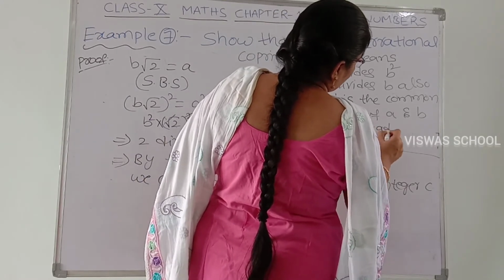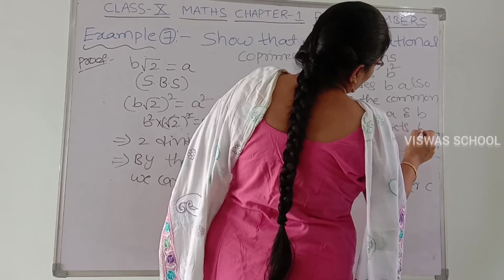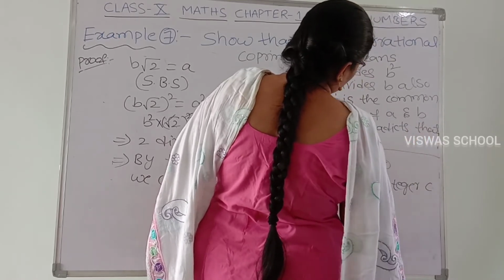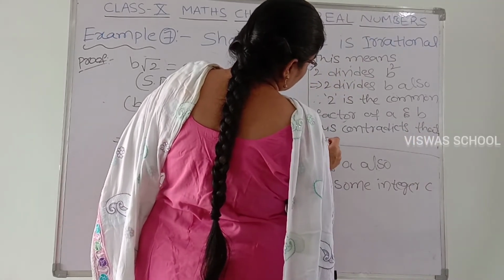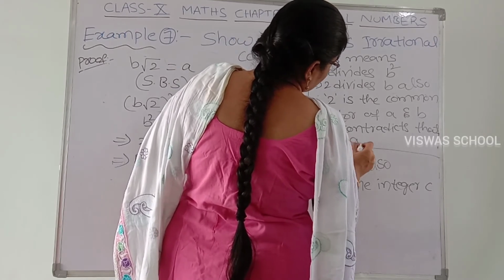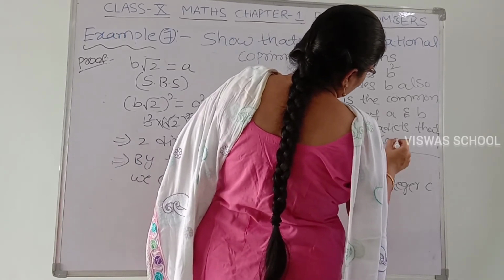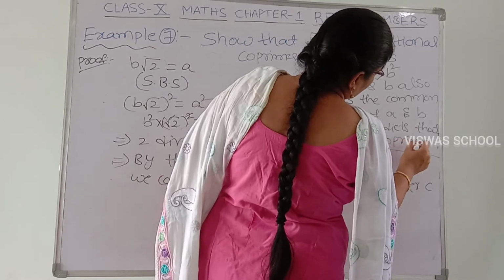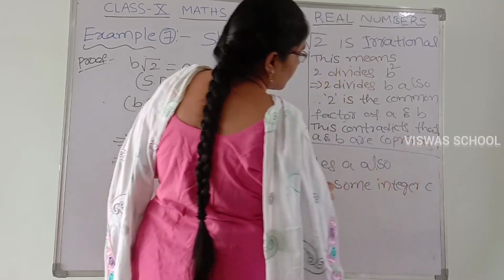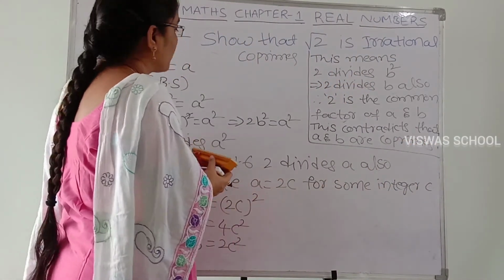This contradicts that A and B are co-primes.